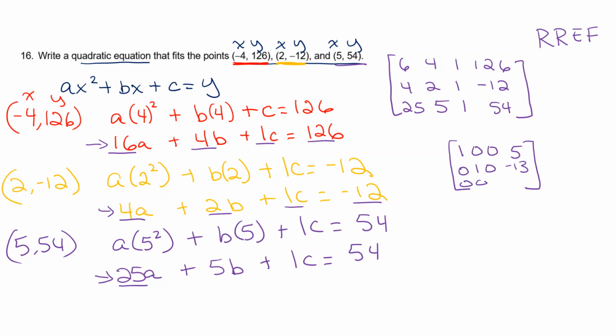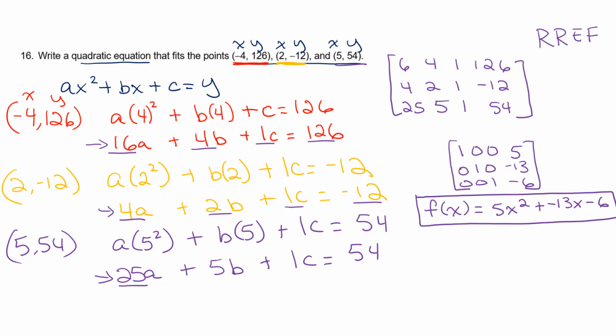And then 0, 0, 1, negative 6. So that's what you should see. So your equation is going to say f of x equals 5x squared plus negative 13x minus 6.